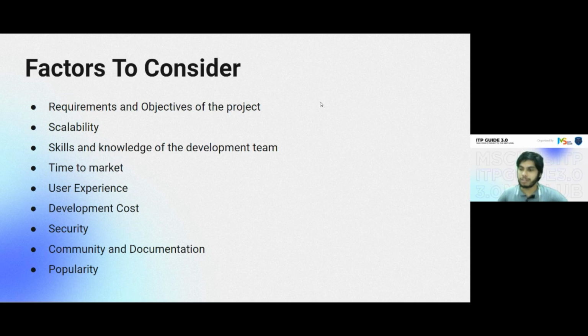So consider what kind of framework you should be using, because some web frameworks are much more efficient, especially when it comes to rapid development. Consider that when choosing your frameworks and technologies for your ITP project.